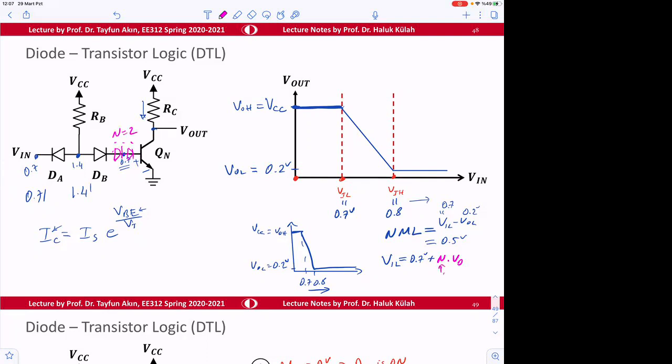Then V input low can be shifted. So V input low is going to be here. It will be shifted to here.